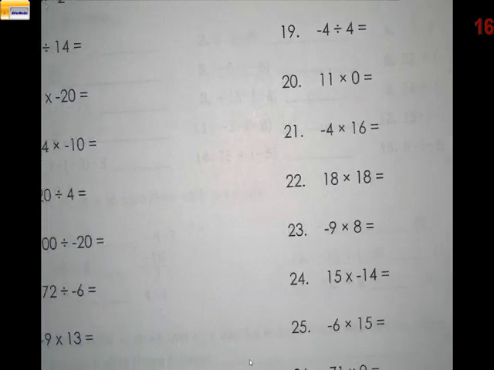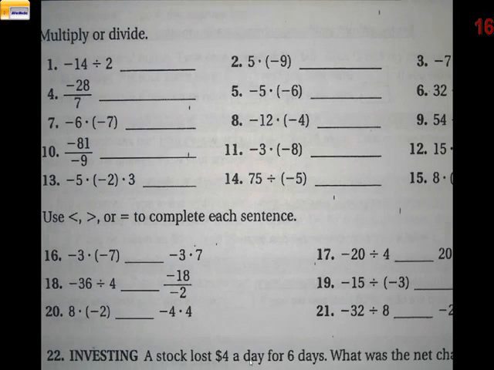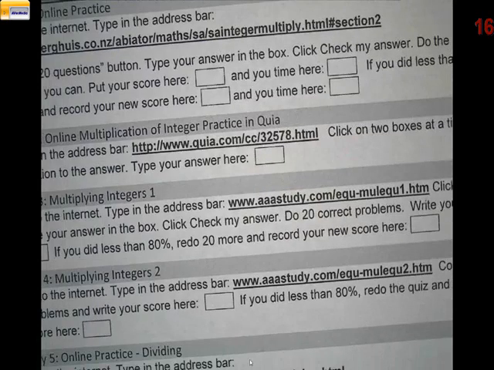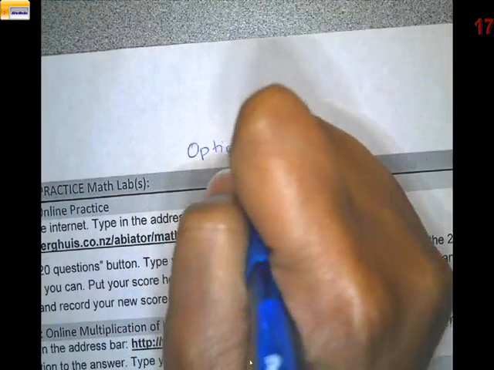Page 7 is like a summary of them with more problems mixed up. So is page 8. Page 8 has a couple of yum-yums on it. And then page 9 will be optional because I think these are pretty easy. So you can do them if you think you need more practice.